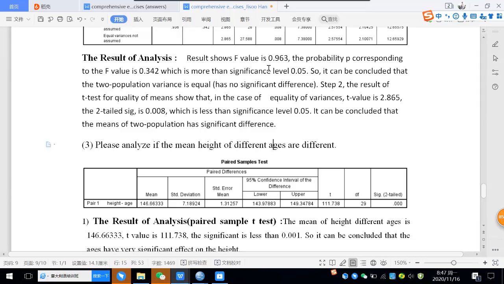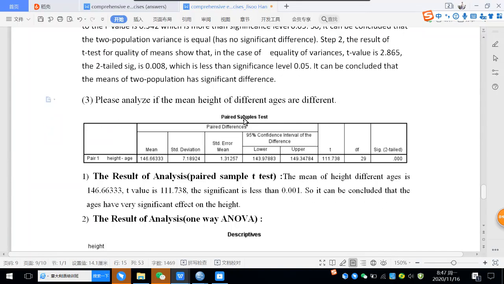So here we will use the one-way ANOVA. Here we can't use the t-test because here we have 3 different groups. We have 3 levels. Okay. So here is wrong. So this part is wrong.